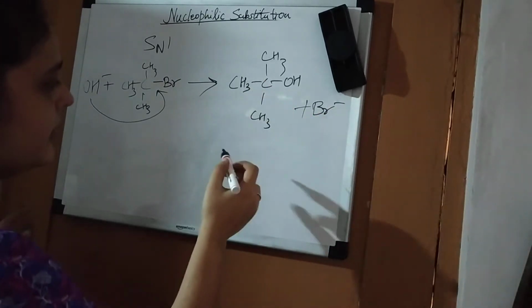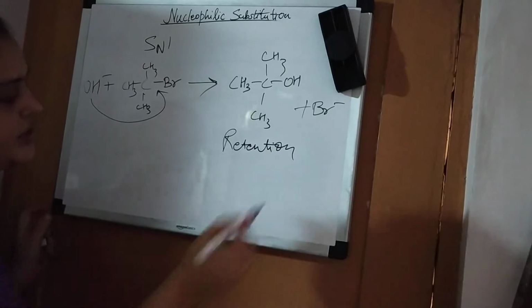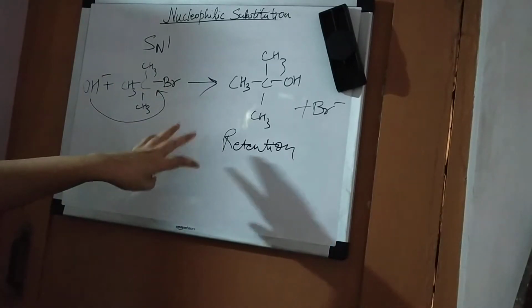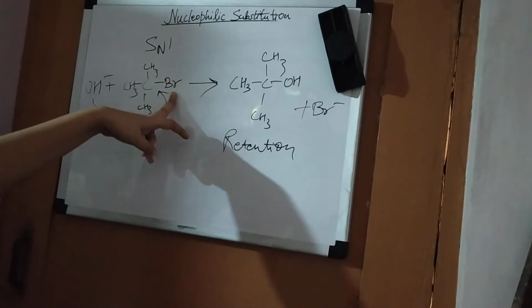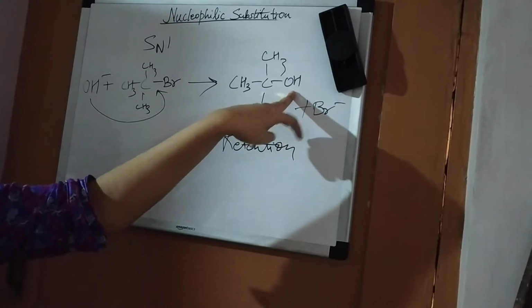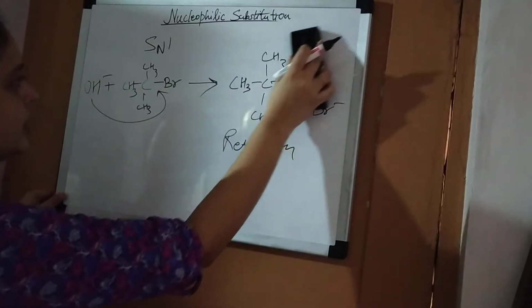Here retention of configuration takes place. Retention means the configuration is as it was before, because the bromine group was present on this side, and the OH, the incoming nucleophile, is also present on this side. So this is retention of configuration.